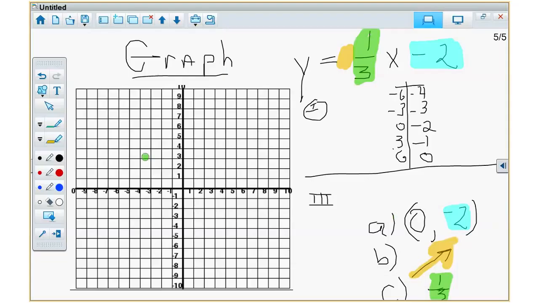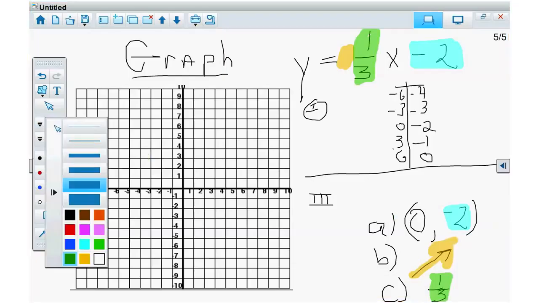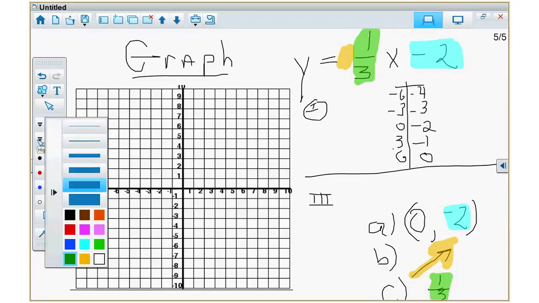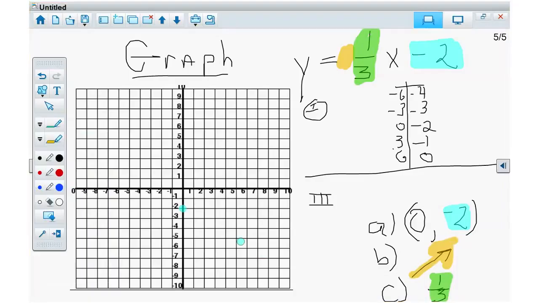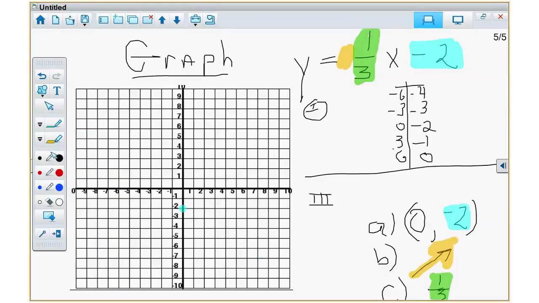So take my blue marker. I want to use the highlighter. And 0, -2. And the trace line.